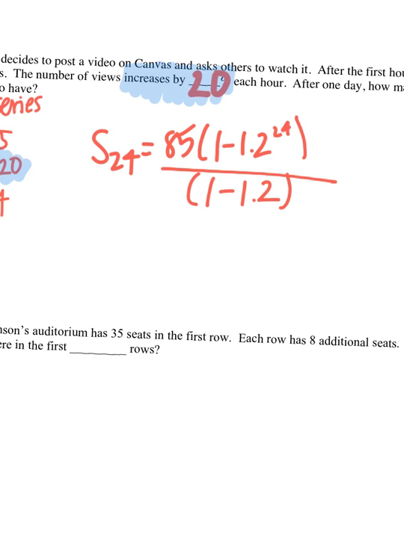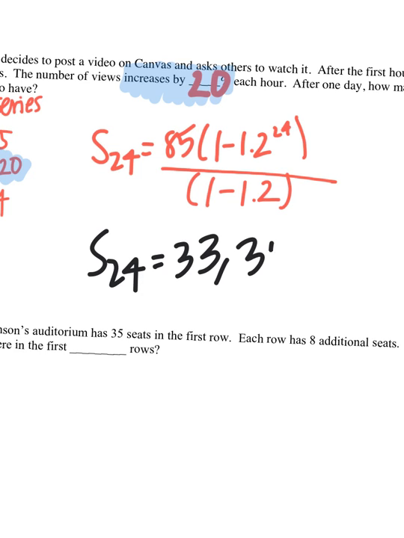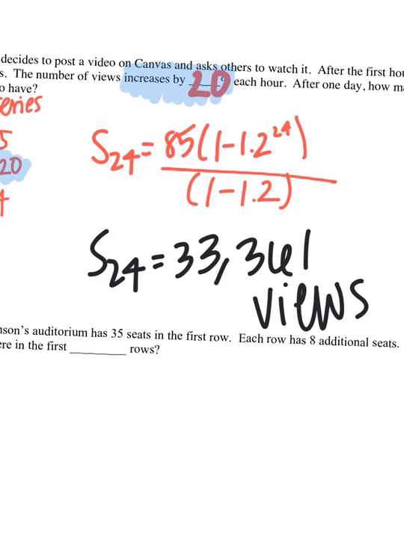You have your 24 as your exponent up here, all of those things to check. And now again, pause, type in your calculator, see what you end up getting. You should end up with 33,361 views.